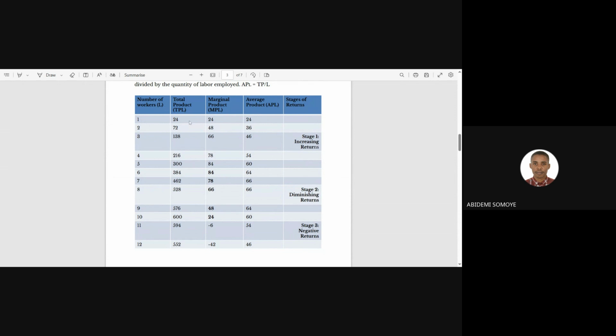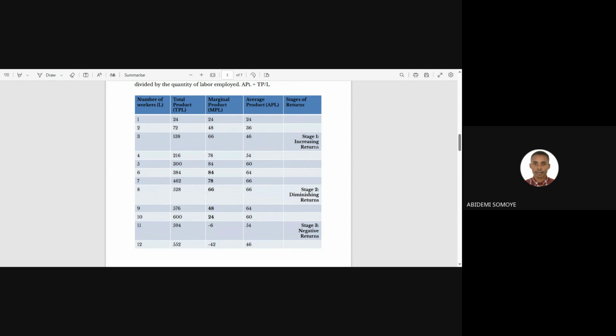So let's look at the first one. When the number of workers is 1, the marginal product is 24. Either you put dash or you put 24. When the number of workers equals 2, what is the marginal product? That is 72 minus 24 divided by 2 minus 1.